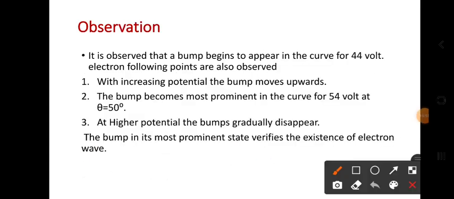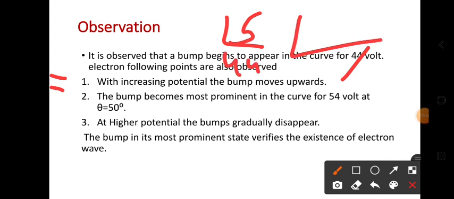Next, the first point: with increasing potential, the bump moves upward. I have just shown this in the diagram. The bump started at 44 volts.